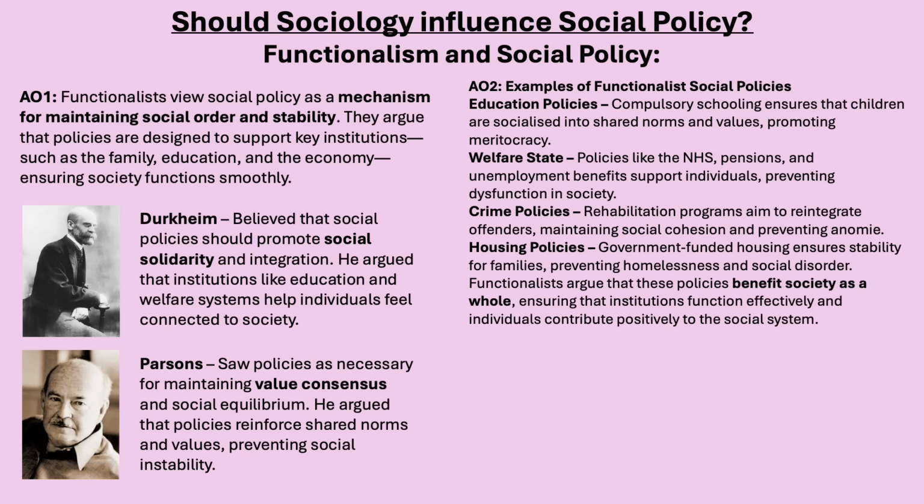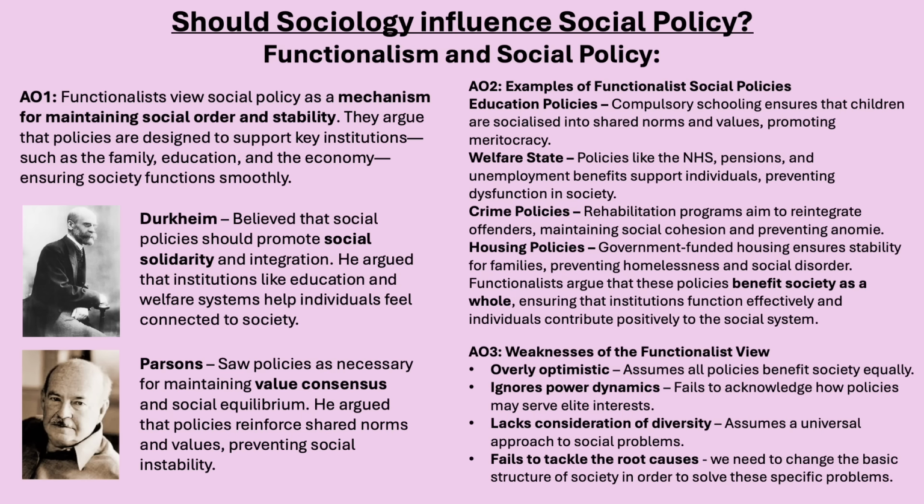Crime, you have rehabilitation programs aimed to reintegrate offenders, maintaining social cohesion and preventing anomie, which is basically a French word for chaos where there's a lack of law and things like that. Housing policies, government funded housing ensures stability for families, preventing homelessness and social disorder.